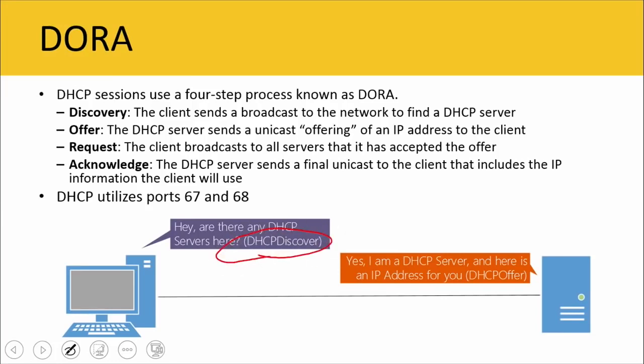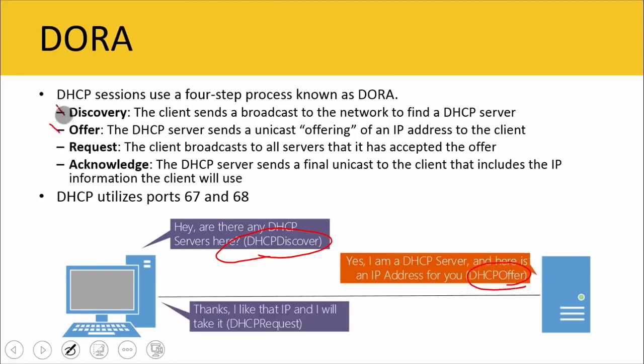Next, that server responds and sends a unicast message offering an IP address to the client. Then we have the request, where the computer says, hey, I would really like that IP address, please send it over to me.